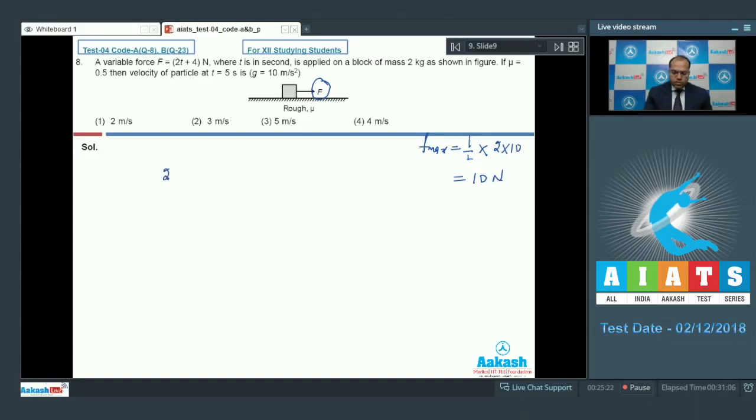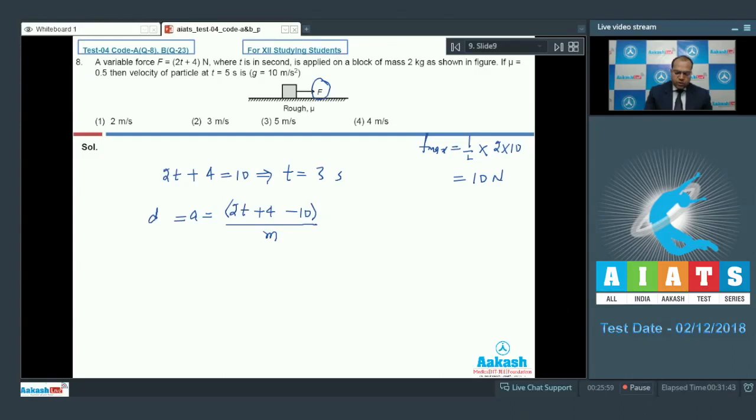If I equate 2t plus 4 equal to 10, I get the time instant at which the block will start sliding, that is t equal to 3 seconds. Now the acceleration can be written as 2t plus 4 minus 10, that is the net force in the forward direction, divided by the mass.